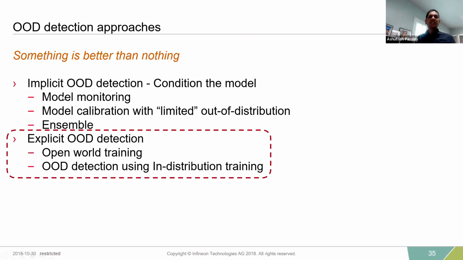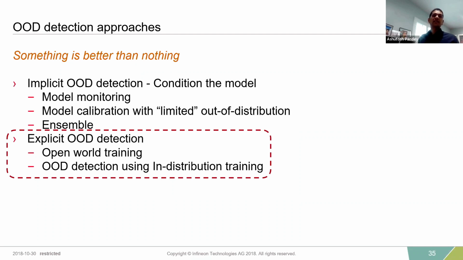In terms of designing this OOD protection, if you look into the literature, and there is a reference later, you would find basically two categories. One is implicit OOD detection, where after you have trained your model for your task, which could be regression or classification, you make it a bit more robust to OOD. That's done by schemes like temperature scaling or calibration with your out of distribution data.